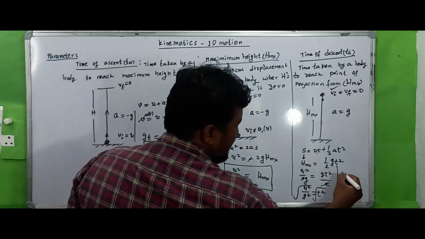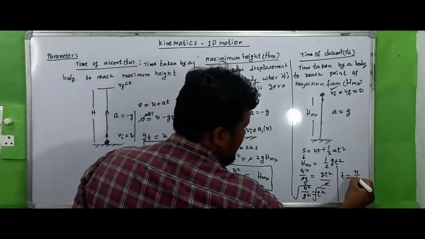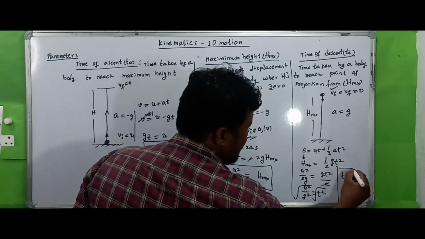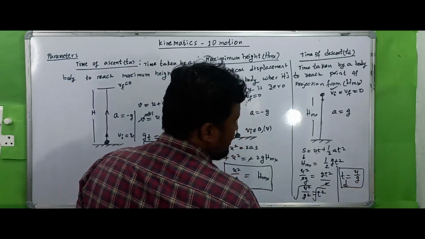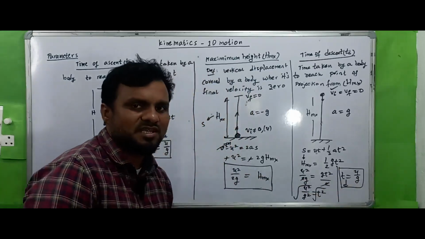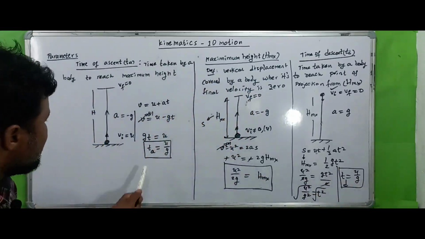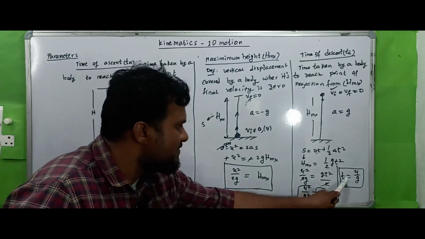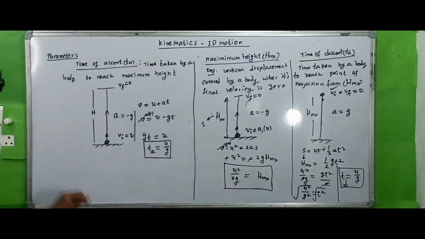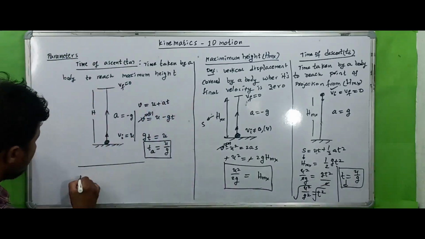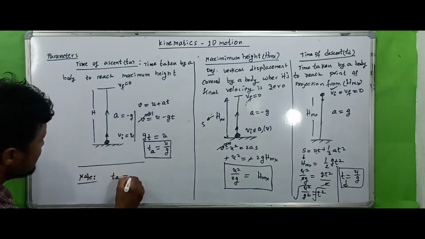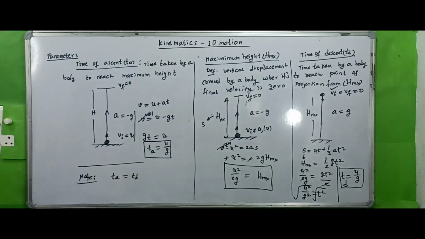Finally t is equal to u by g, where t is t suffix d, time of descent. This is the formula for time of descent. If you observe, time of ascent is u by g and time of descent is u by g. So note: time of ascent is equal to time of descent.